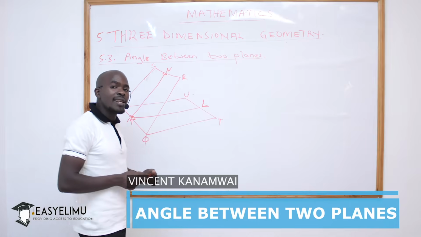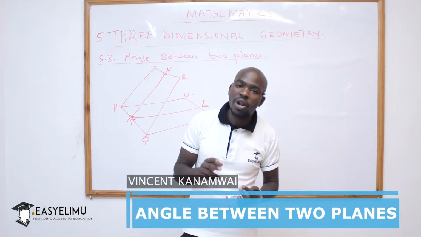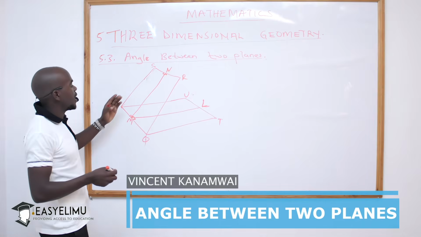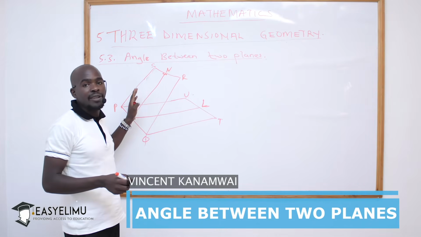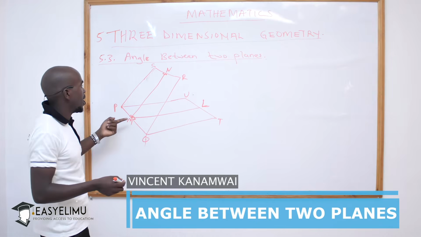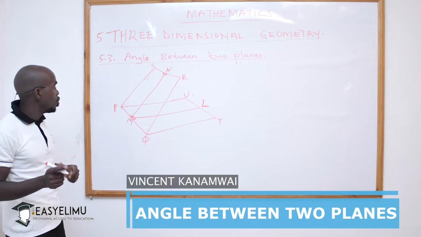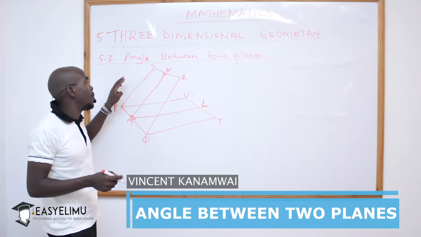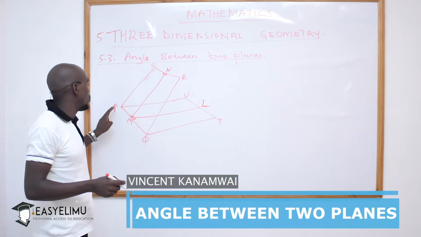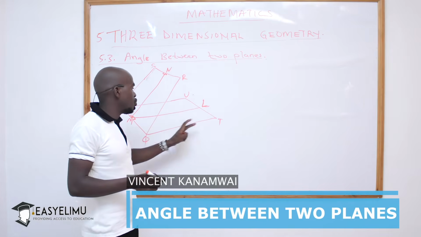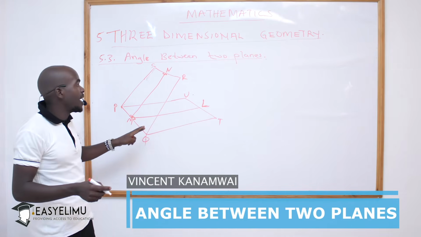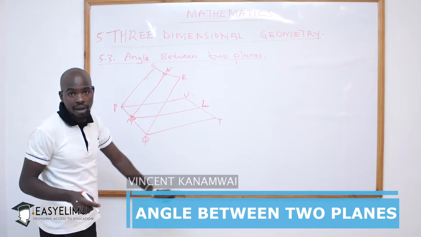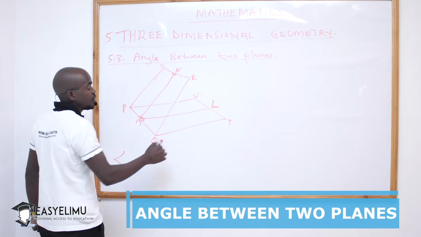If we are asked to find the angle between two planes, generally we find the angle where the two perpendicular lines intersect on the planes. For instance, if we need the angle between the planes SRQP and PQTU, we can find the angle between lines NML.